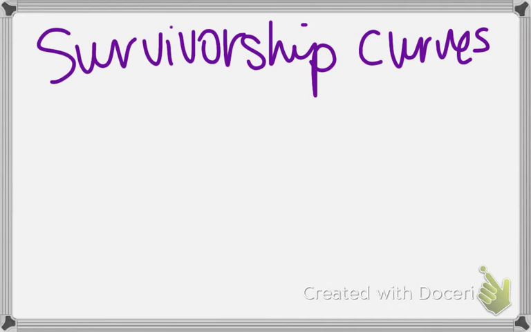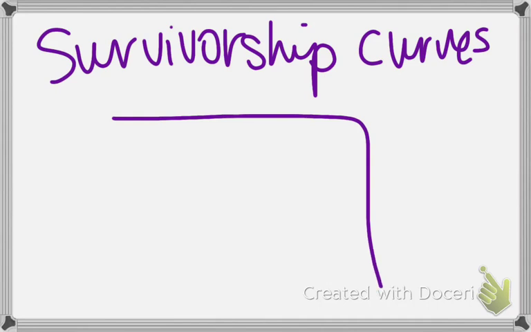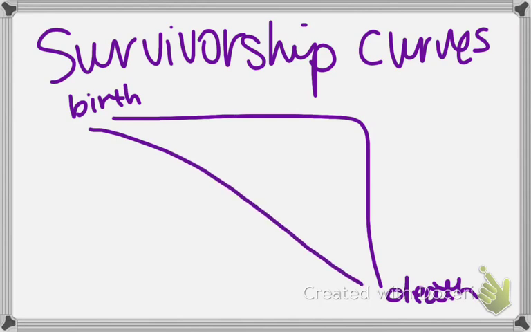Remember, I have 3 types of survivorship curves. I got one that goes this way. Remember, this is birth. Things are born. Eventually everything dies. Death. I had one that goes this way. Alright, let's go a little bit more straight. Steady decline.